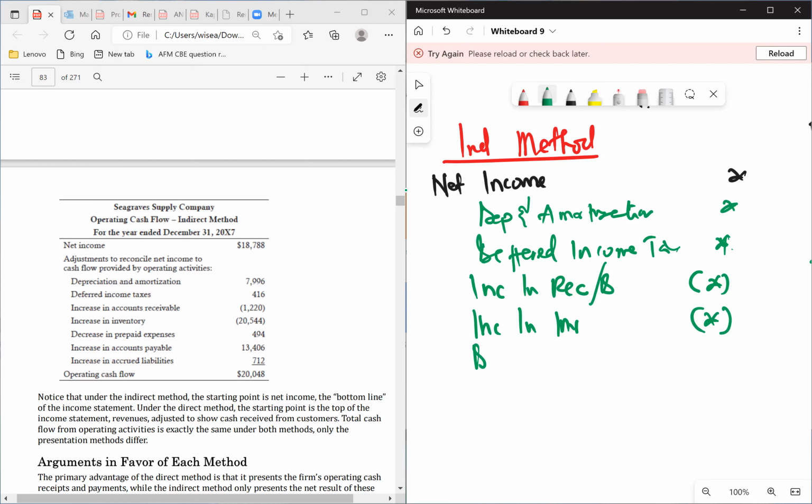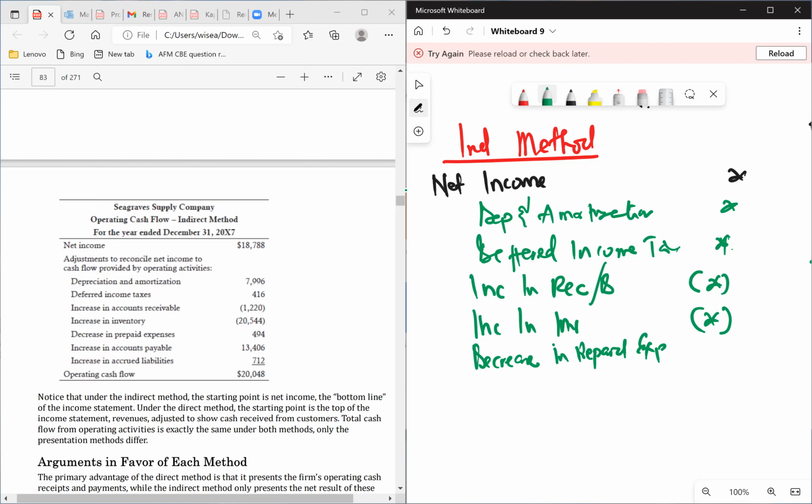Then decrease in prepaid expenses. Prepaid expenses decrease is an inflow. Why? Prepaid expenses are expenses that you have paid for in advance of utilizing the service. For example, licenses. You may have paid for a license, but you are yet to exhaust the whole license.